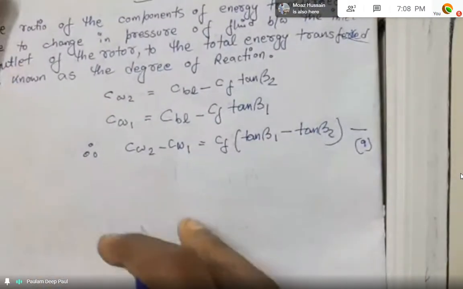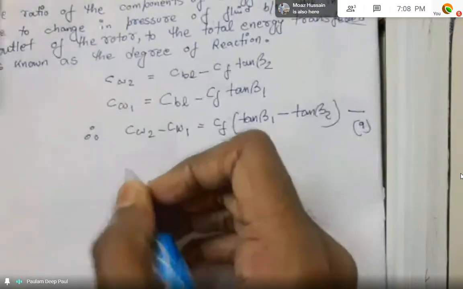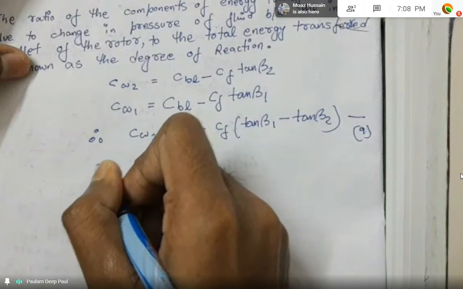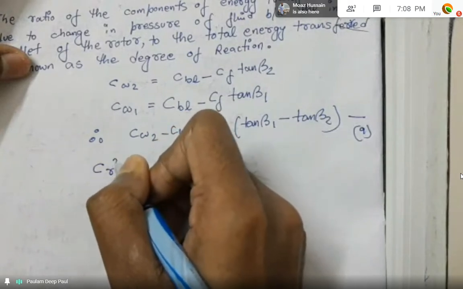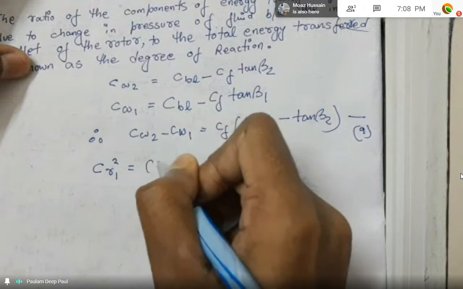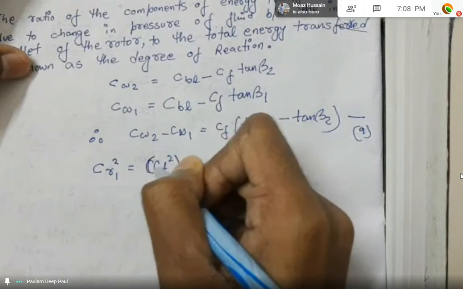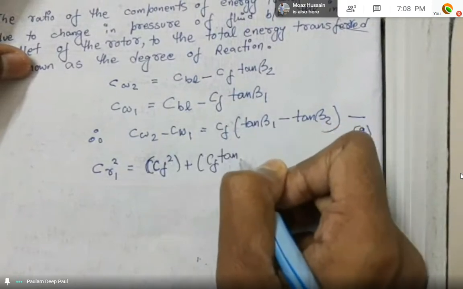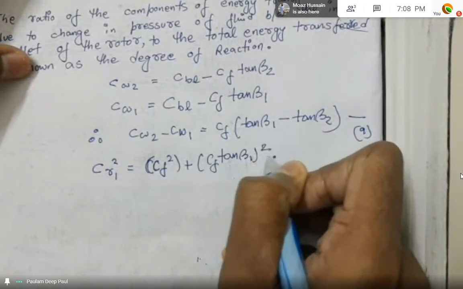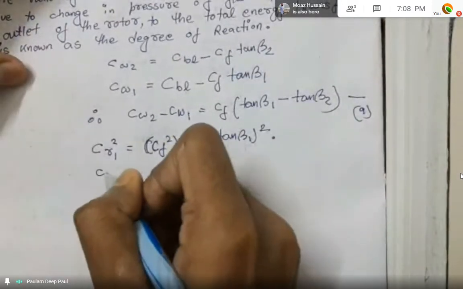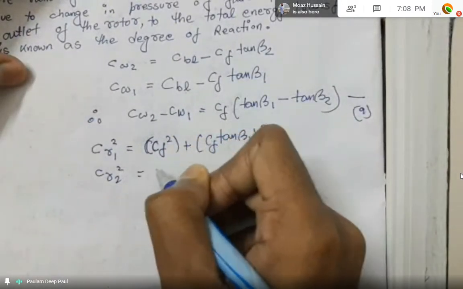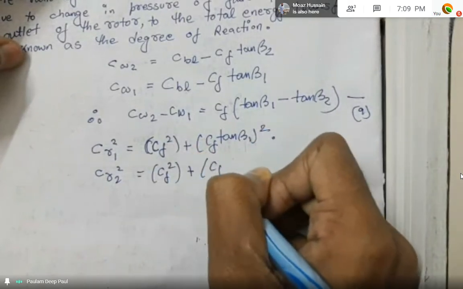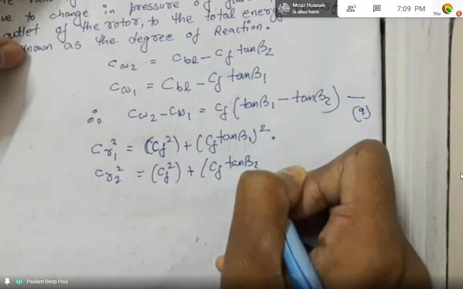Now, similarly from the velocity triangles that we have drawn, we can see these expressions. Cr1 square equals Cf square plus Cf tan beta 1 whole square. Similarly, Cr2 square equals Cf square plus Cf tan beta 2 whole square.